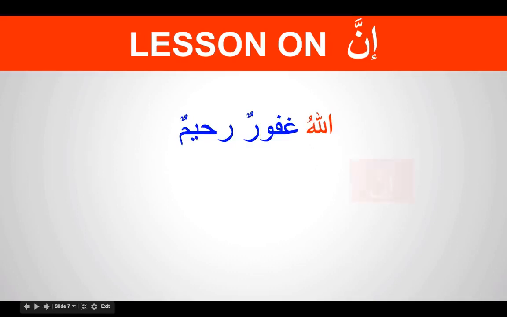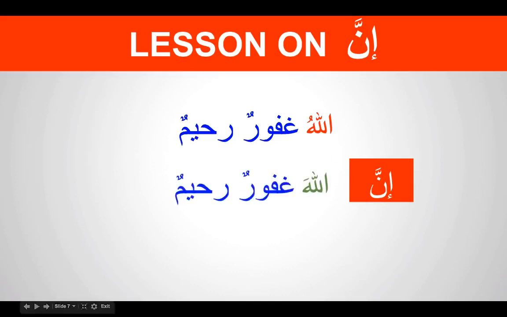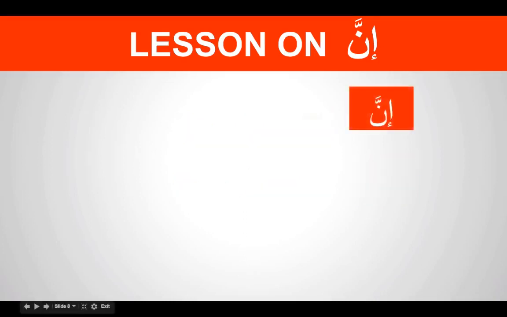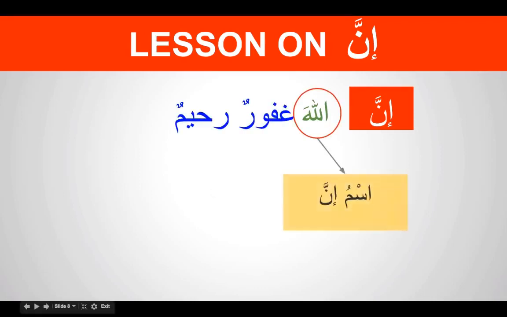Now when we bring inna, what happens? The word Allahu will become Allah: Inna Allaha Ghafurun Rahimun. The Ghafurun Rahimun will remain the same. So Allah is called ismu inna.